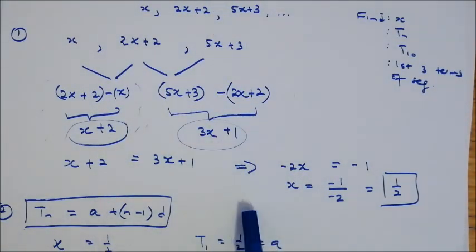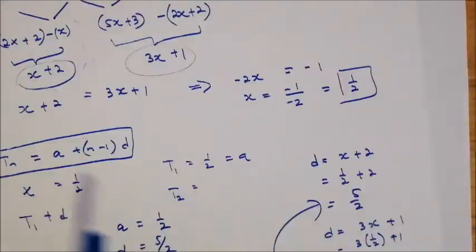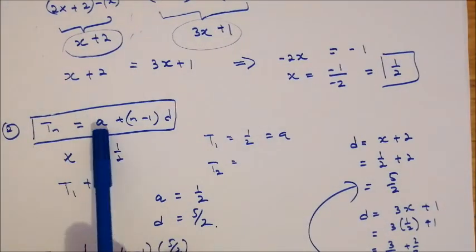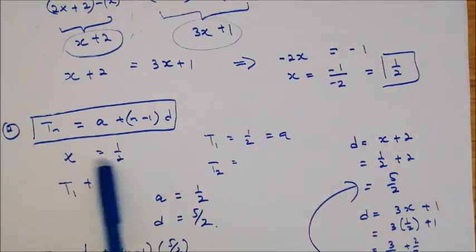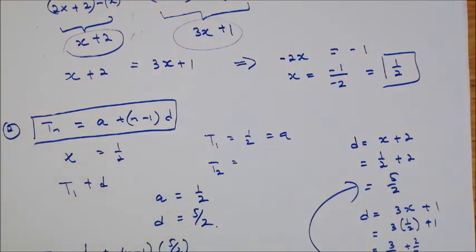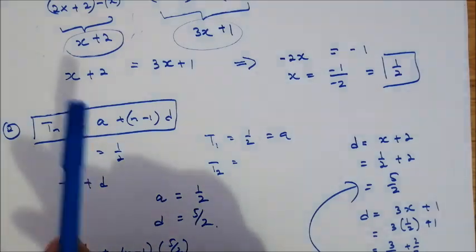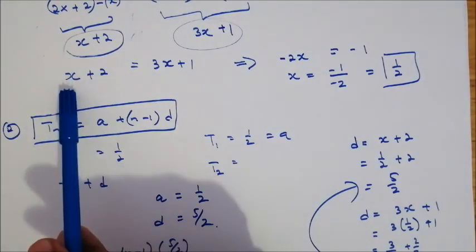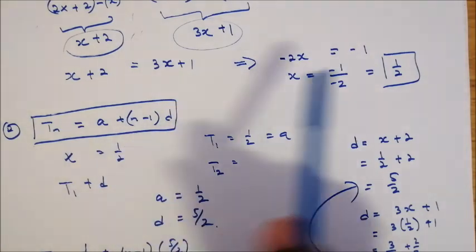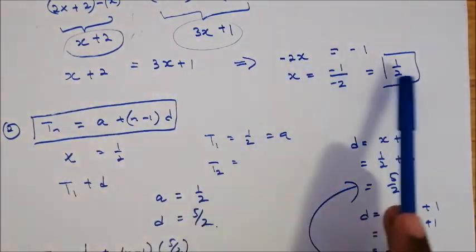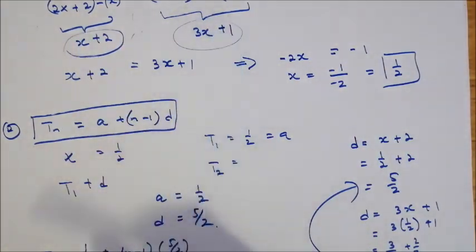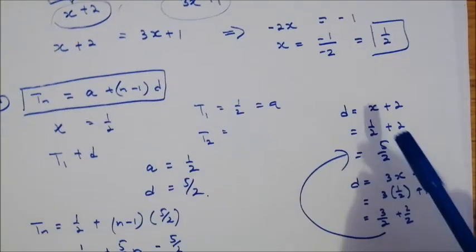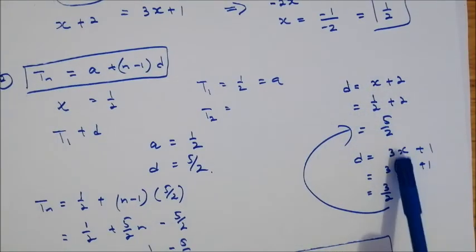So we used that to our advantage and found x. So now for Tn, we had to find a and find d. So a was already established since it was the first term, and the first term corresponded to x. To find d, we had to substitute the x that we have either here or here, and we would find the same value, and we showed that here.